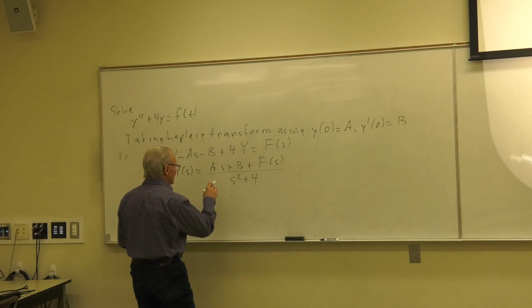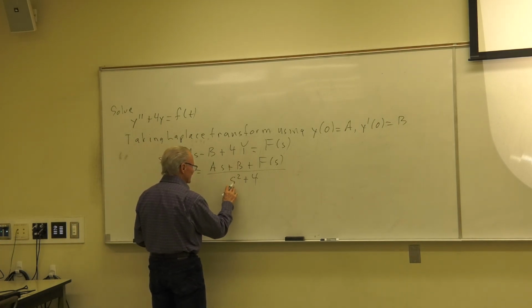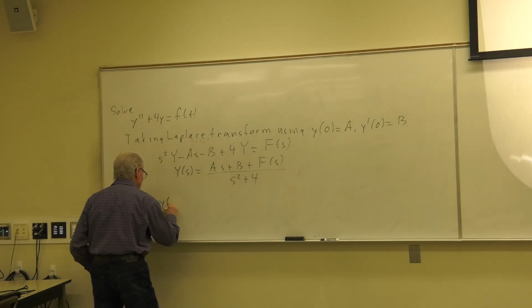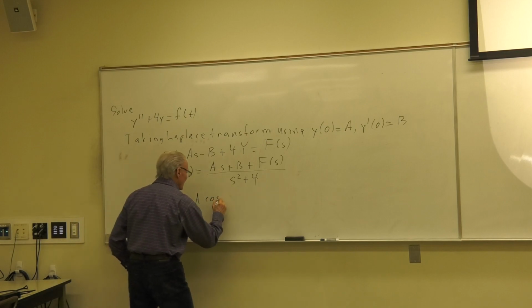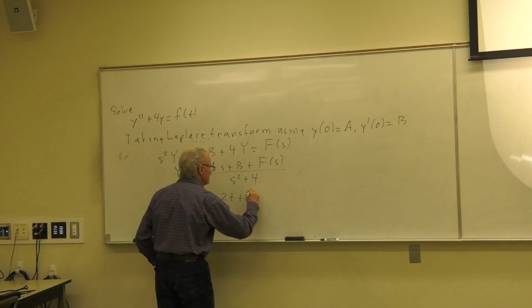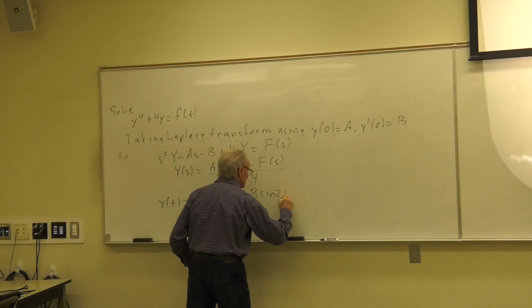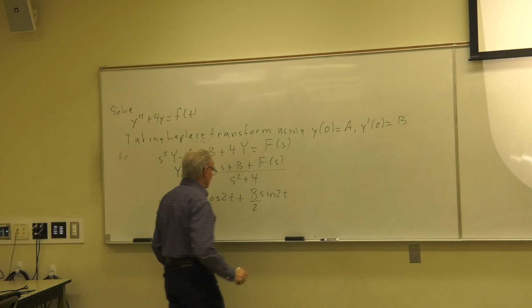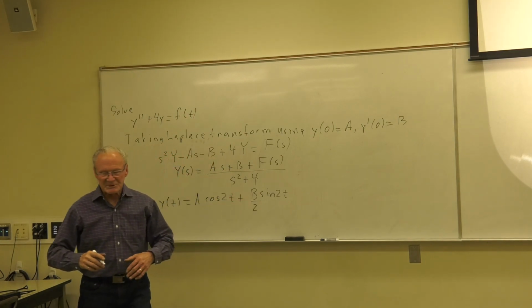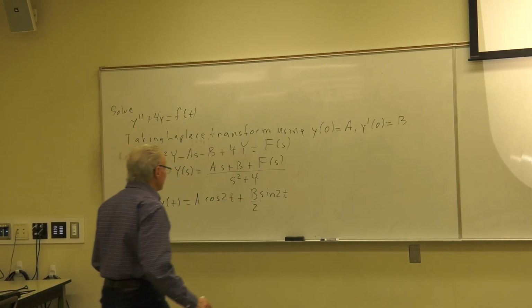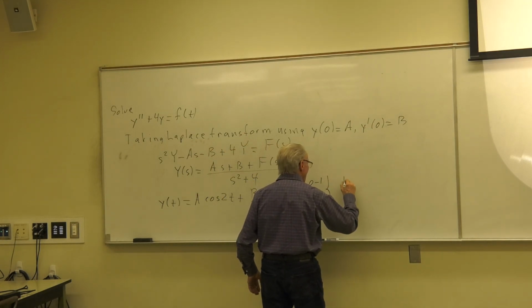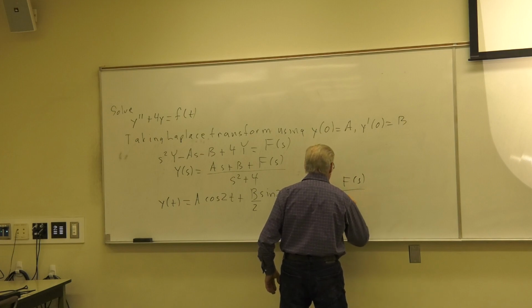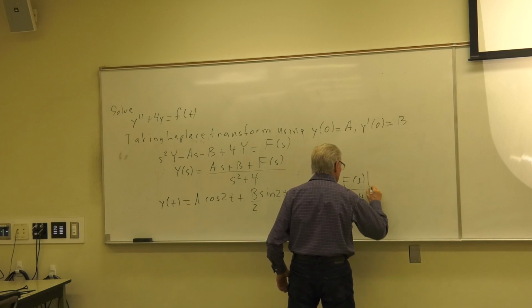Now, I don't have any problem with this one and this one. So we could say that y of t is equal to a cosine 2t, b sine of 2t, but it needs a 2. And then we can call this one c or d or something else. Plus, we need the inverse transform of f of s over s squared plus 4.